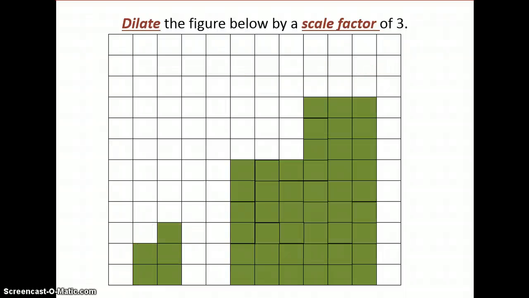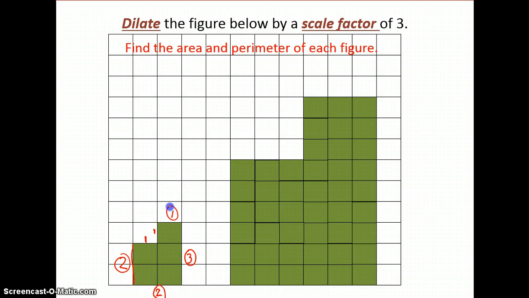So let's look at this figure and dilate it by a scale factor of 3. Now we find the perimeter and area of each. I would have to find each length here. And to enlarge the figure, because I'm making it bigger, I would need to take each of these lengths and multiply it by my scale factor of 3.